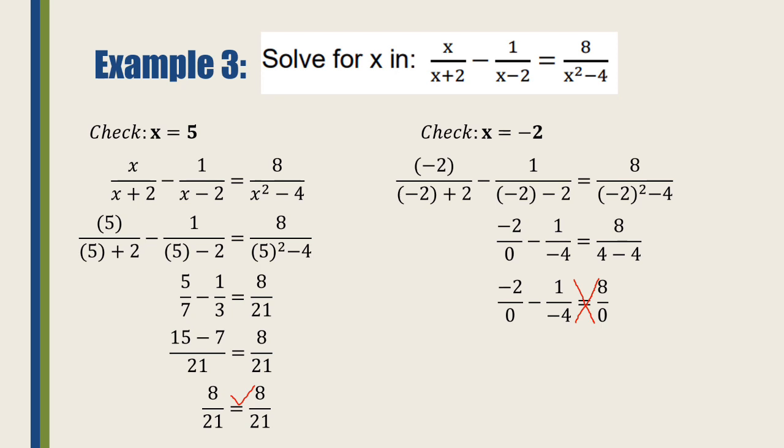So negative 2 is not a solution of this equation. Okay? Only 5 is the solution of x over x plus 2 minus 1 over x minus 2 is equal to 8 over x squared minus 4. Okay?